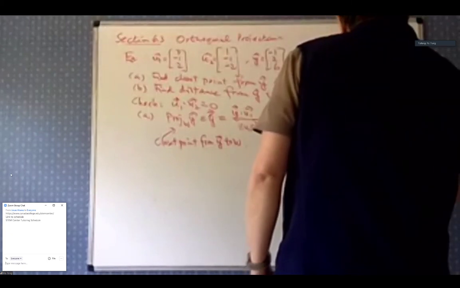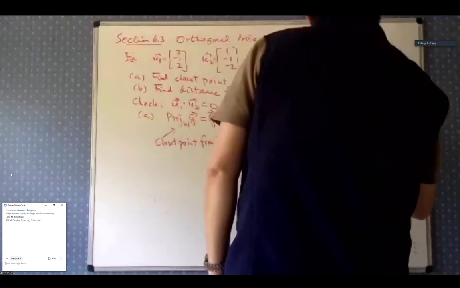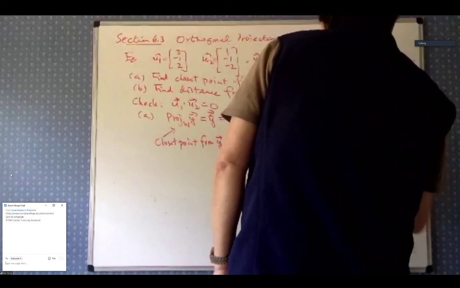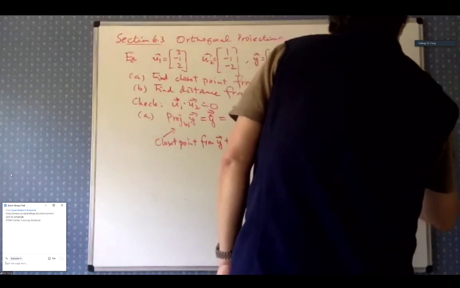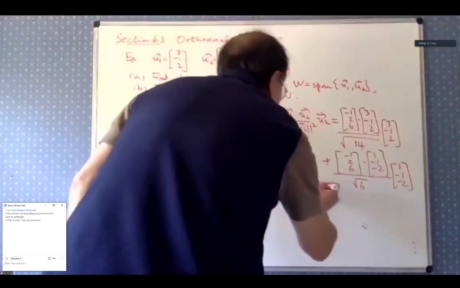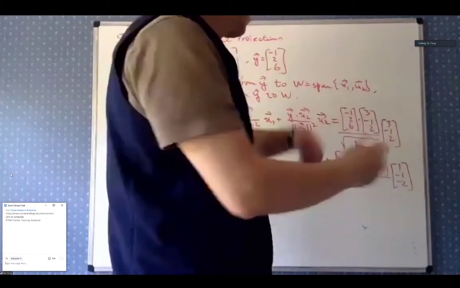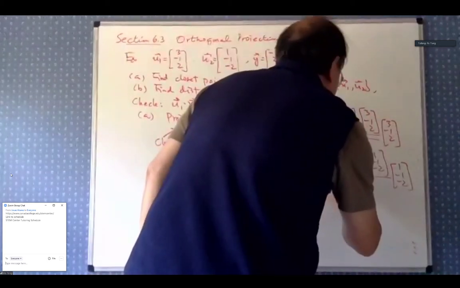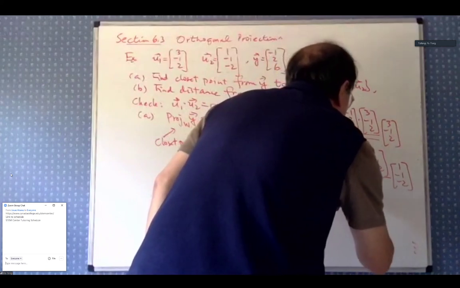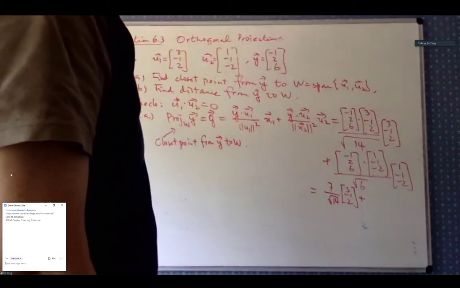Times 3, minus 1, 2, plus minus 1, 2, 6 dot the other one, 6 times 1, 2, and this will be equal to, okay, help. 12 minus 5 is 7. 7 over square root 14, times 3, minus 1, 2, plus, what is this?